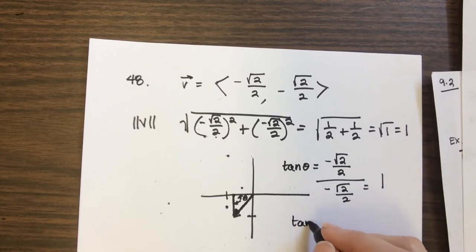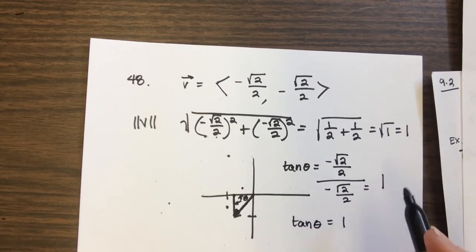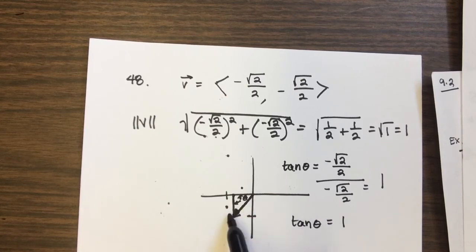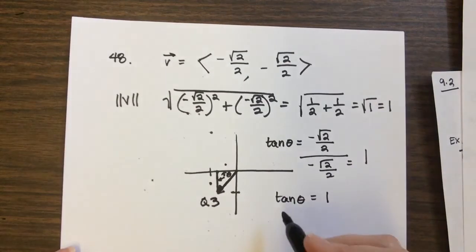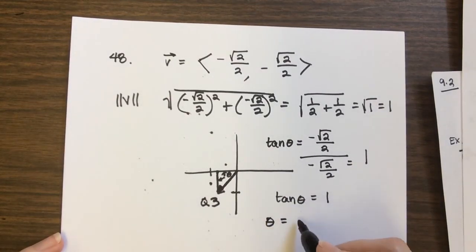So I'm looking for the tangent of theta equals 1. What quadrant is this in? Well, this is in quadrant 3. So I'm finding my reference angle, which I know is 45 degrees, and I want the angle out of quadrant 3, so it's just going to be 180 plus 45 degrees. So theta in this case is going to be 225 degrees.